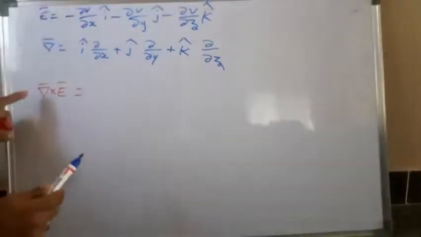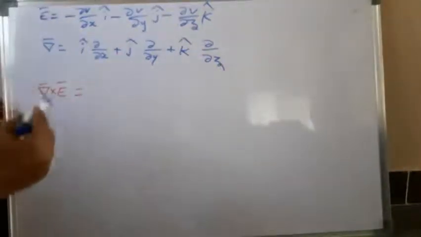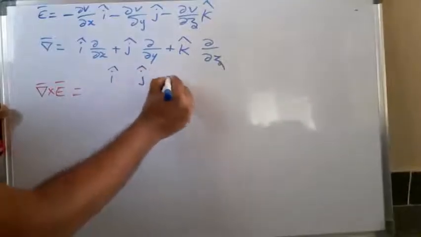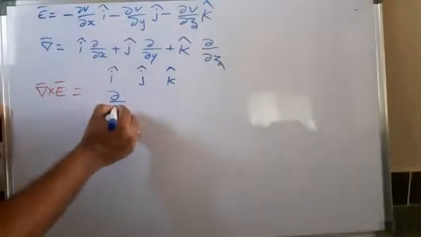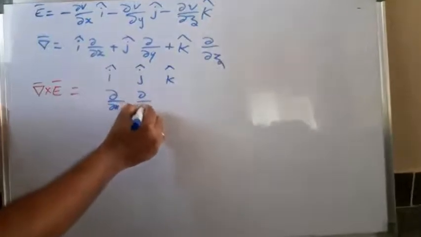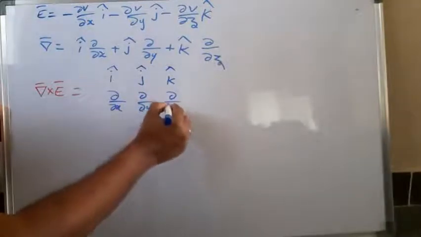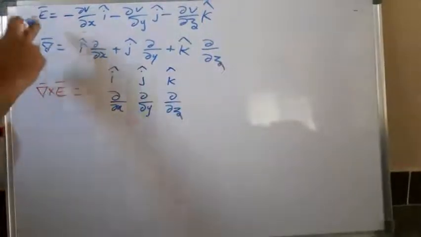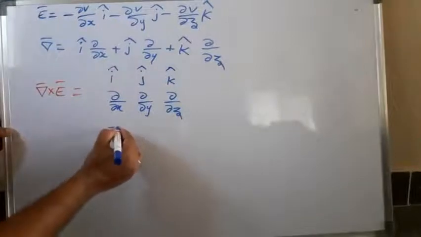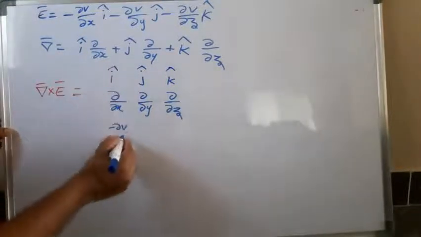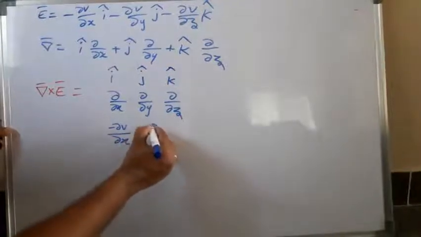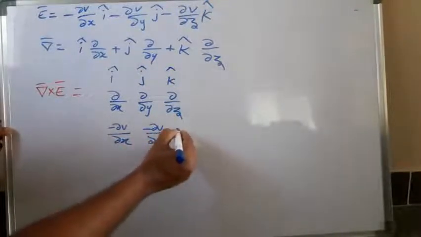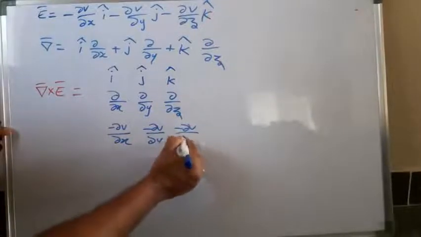Now we will find the value of del cross E. We do it like this: in matrix form, i cap, j cap, k cap, then dou by dou x, dou by dou y, dou by dou z, and the coefficients of each unit vector of E: minus dou v by dou x, minus dou v by dou y, minus dou v by dou z.